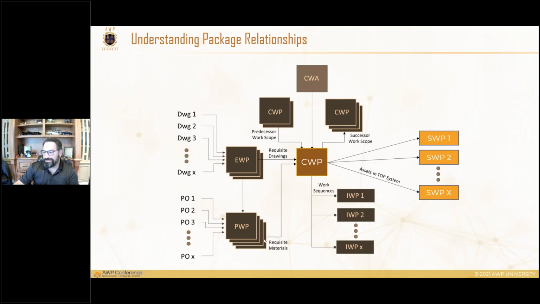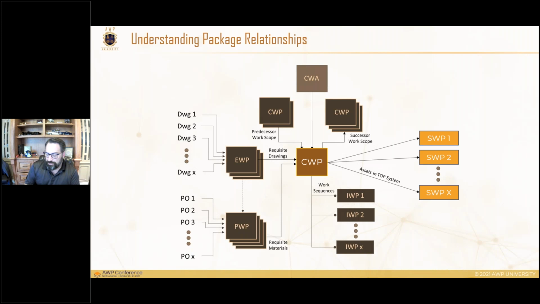So it may not be exactly what was scoped by the original engineering, but absolutely is sufficient for the construction. So you may have differences in materials between a PWP and a CWP. That mapping needs to occur so that we understand not just as engineered, but as procured, and what the materials are to satisfy the constraints of that CWP.